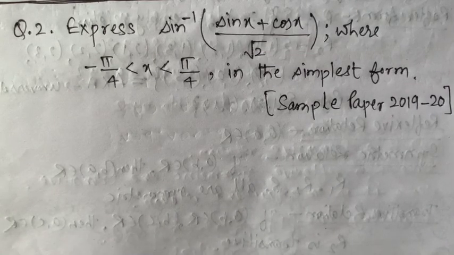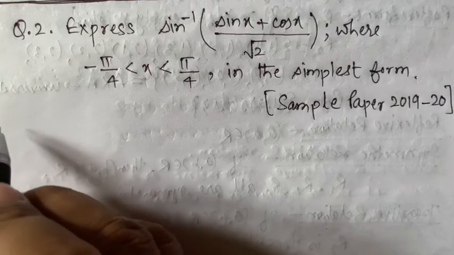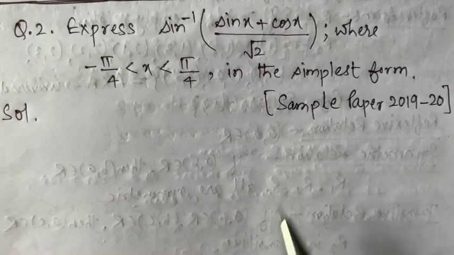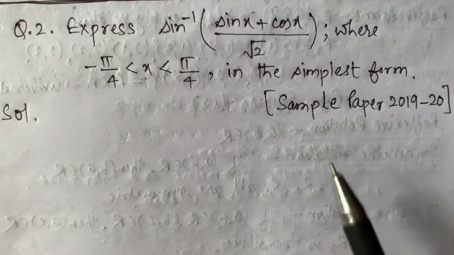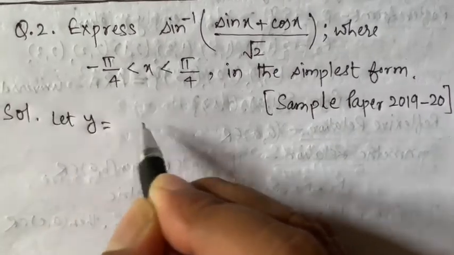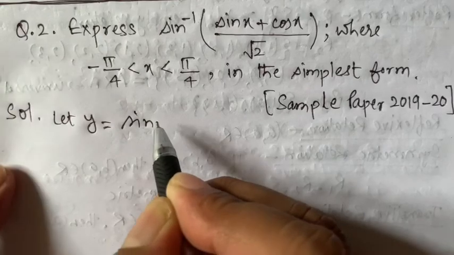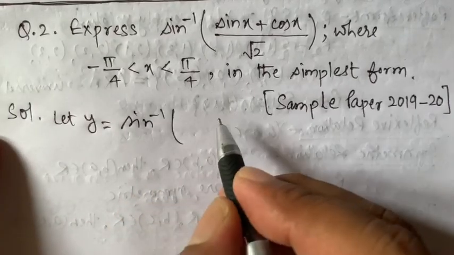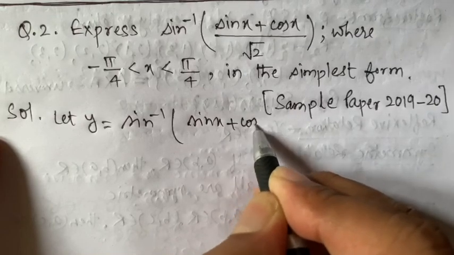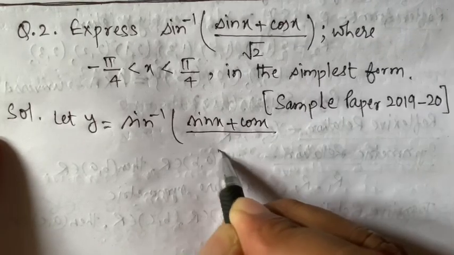Question number 2 is express sine inverse of sin x plus cos x by root 2. We will simplify it. Actually, it is a question of simplifying type. Let y is equal to sine inverse of sin x plus cos x upon root 2.